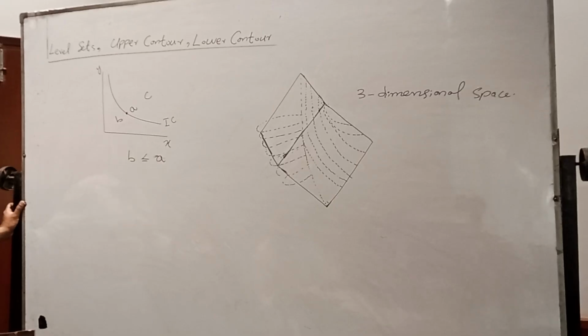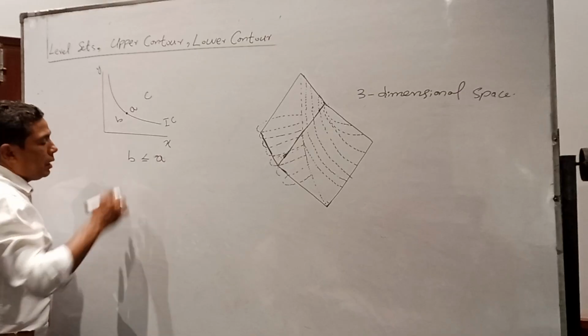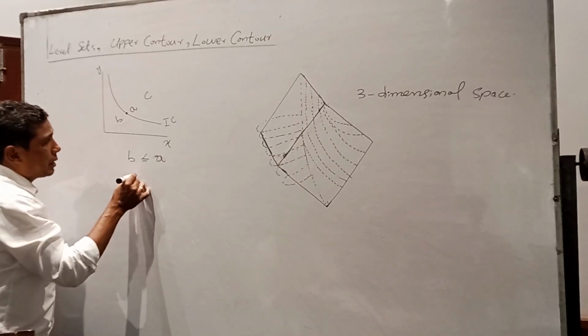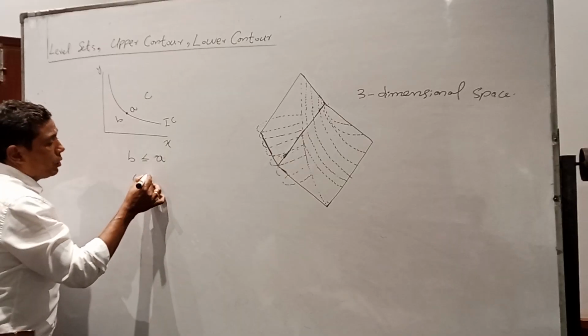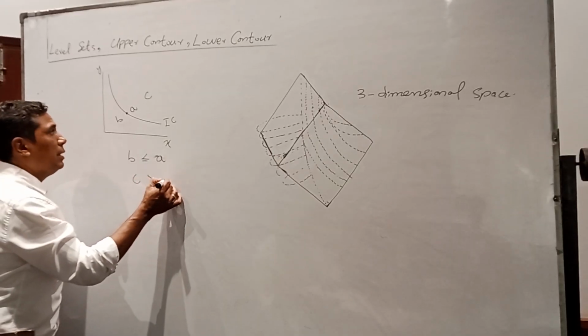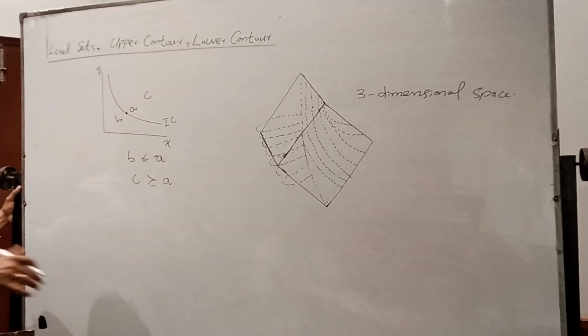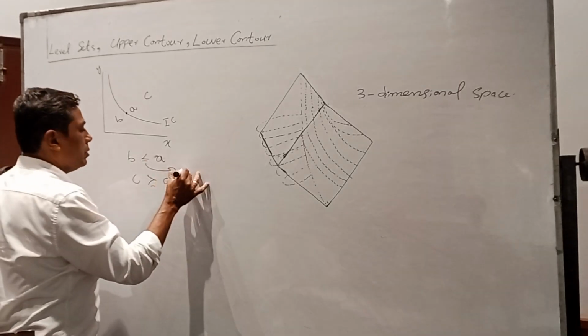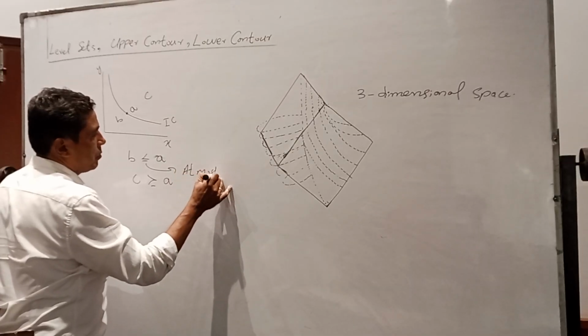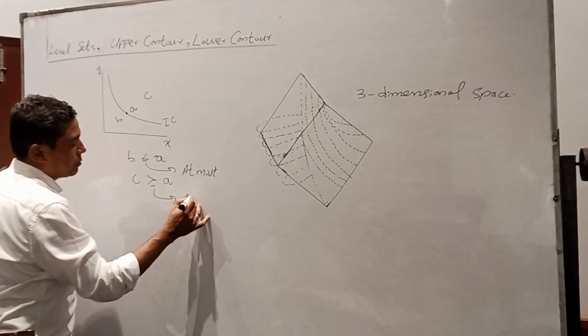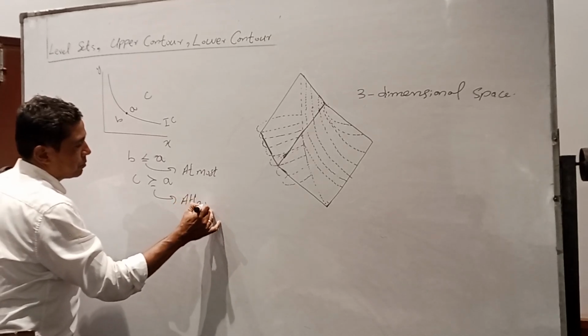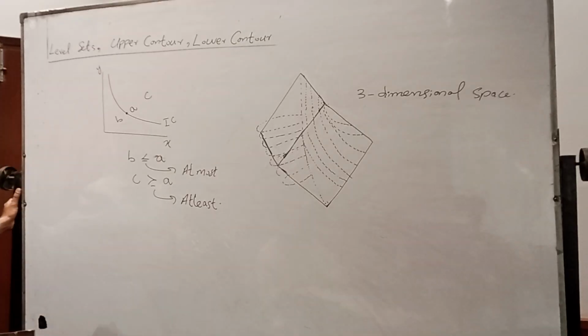Either it is less than A or equal to A. And similarly, one important thing is that if we mark C, for C we can say that C is at least equal to A. That is equal to A and greater than A. So this one is at most, and this one is at least. At most and at least.